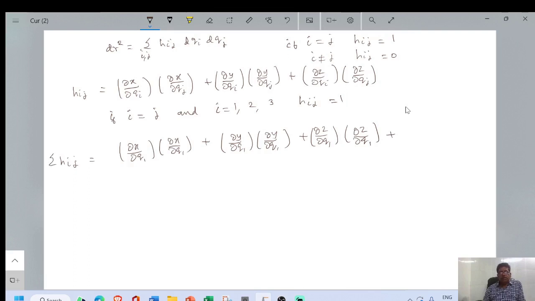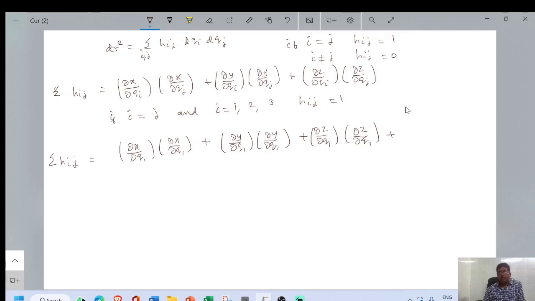This is summation. Here we have to put i equal to 2.